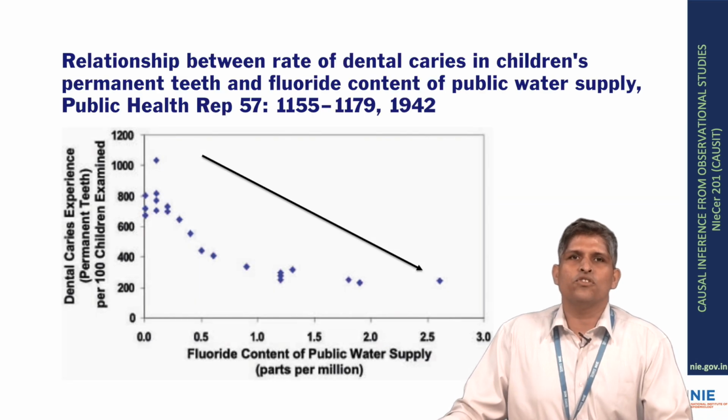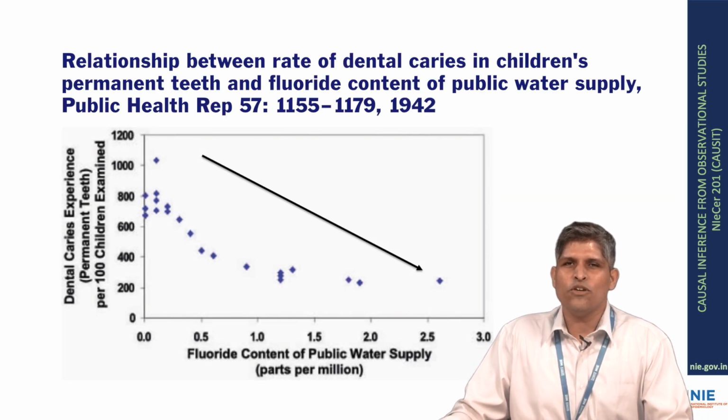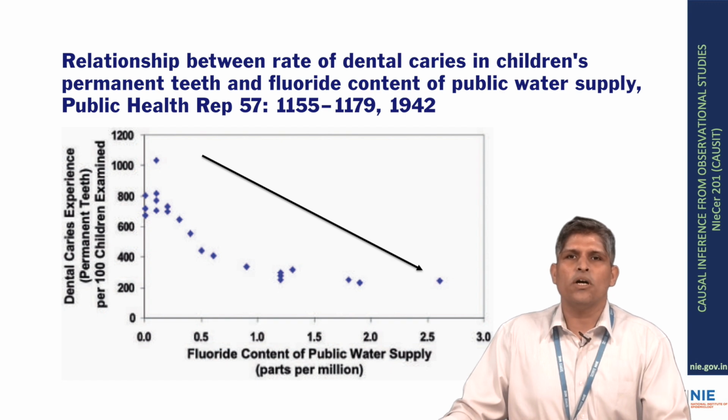This diagram shows the relationship between rate of dental caries in children's permanent teeth and fluoride content of public water supply. In the y-axis, we have the dental caries experience in the permanent teeth per 100 children examined. In the x-axis, we have the fluoride content of public water supply. We see a downward trend.